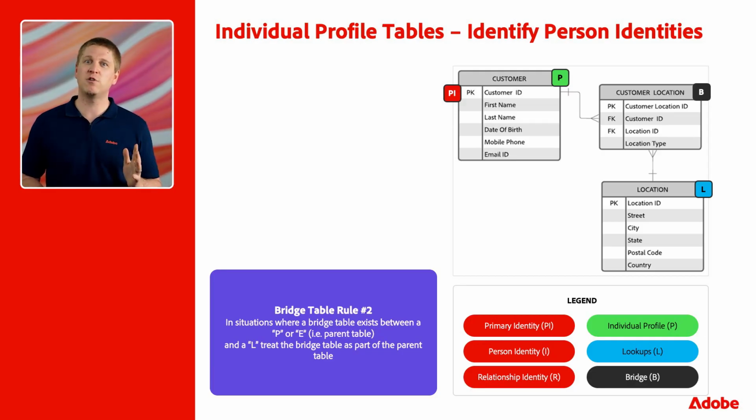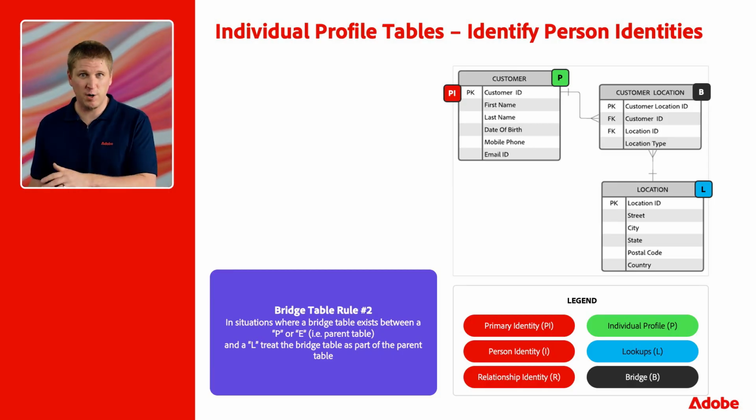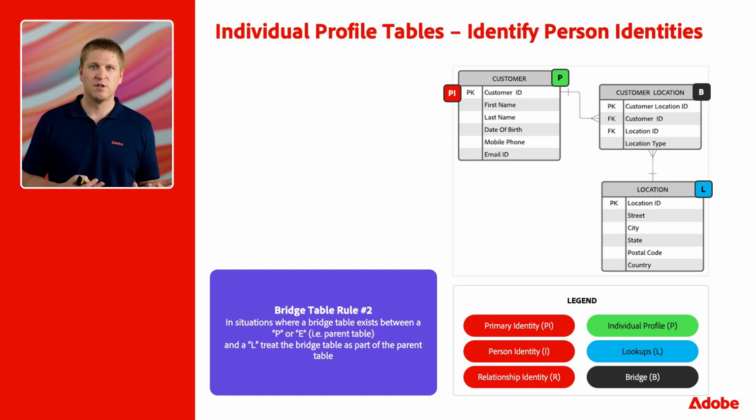It cannot be shared across other profiles. And 2, the identity in question has to have a valid use case beyond just being an identity. This means you either need it for activation purposes, or it's required to relate to other data sources, but again, it must only be unique to one profile.